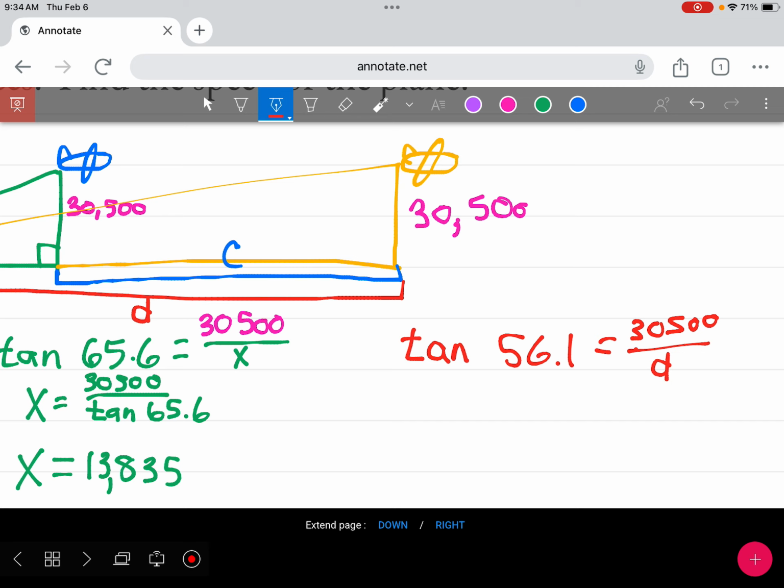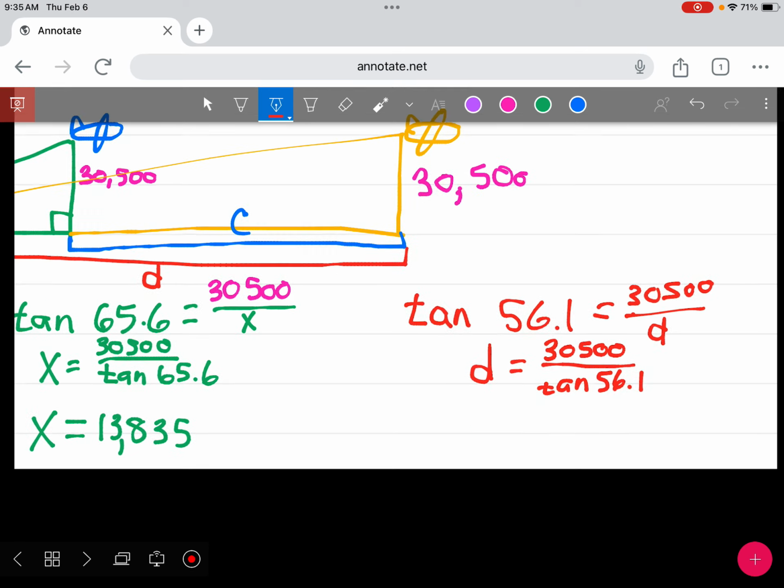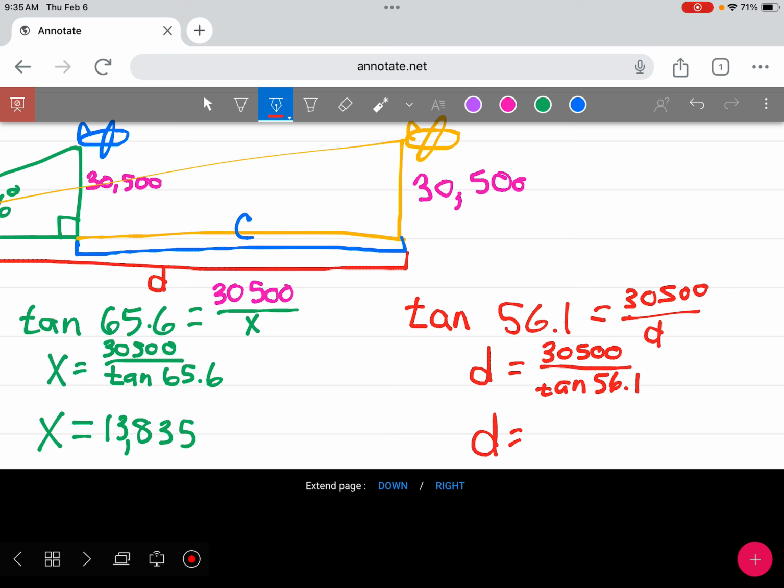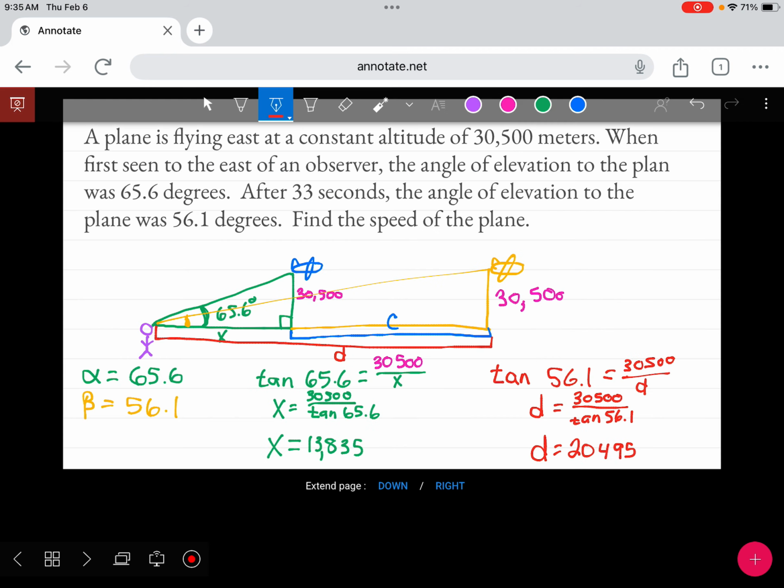We follow the exact same process, multiply by our denominator, divide by the tangent, to get our distance as 30,500 over the tangent of 56.1. And so the distance here is what? 495. So how can I figure out the change in the distance?